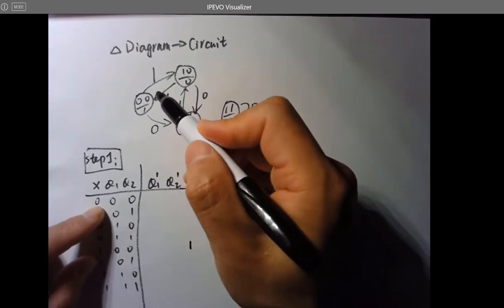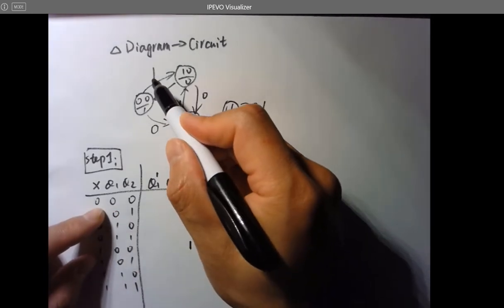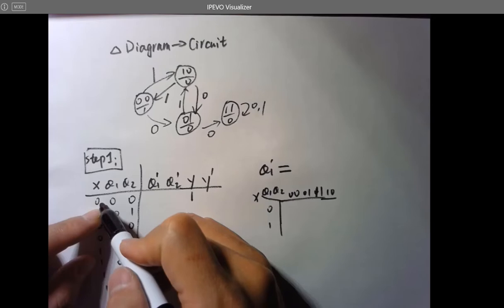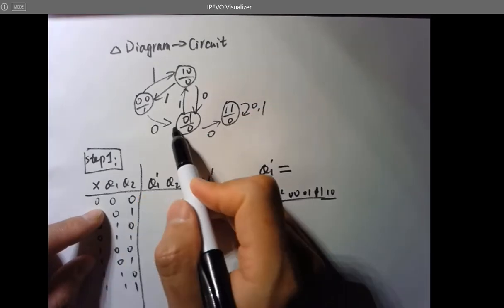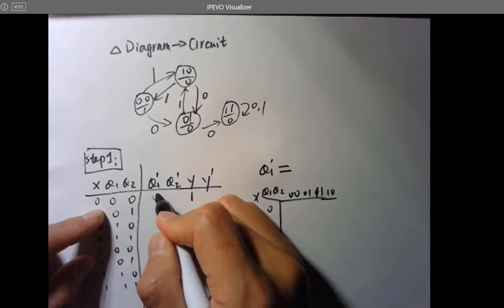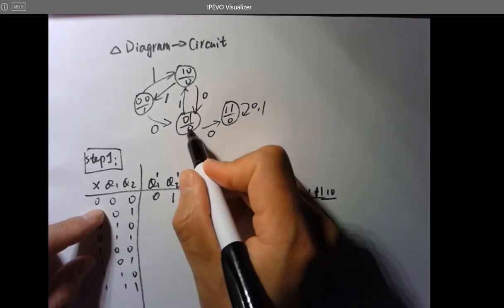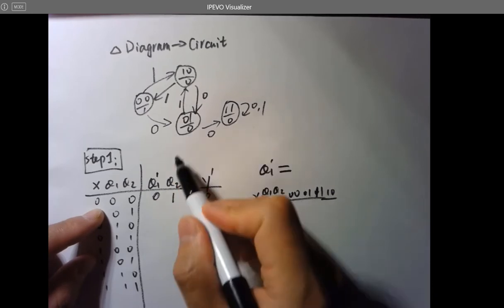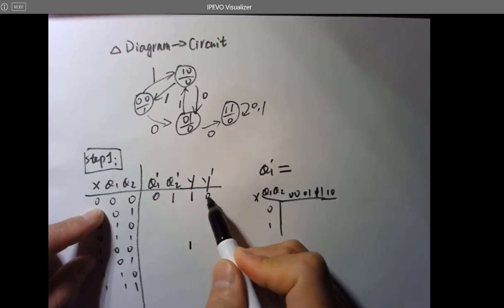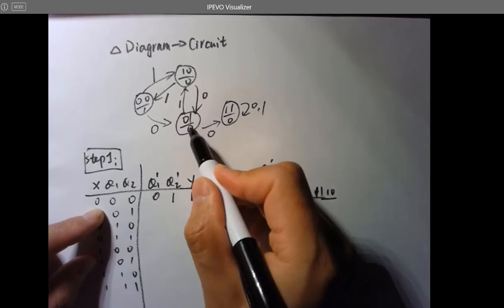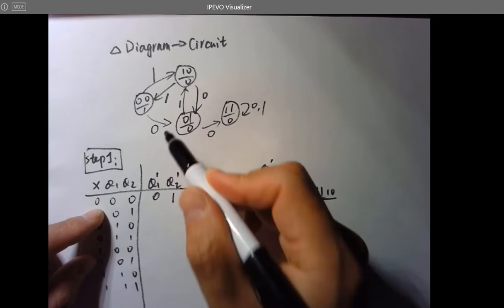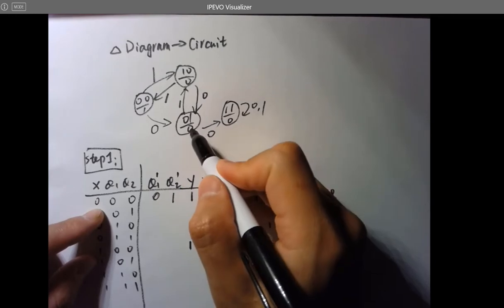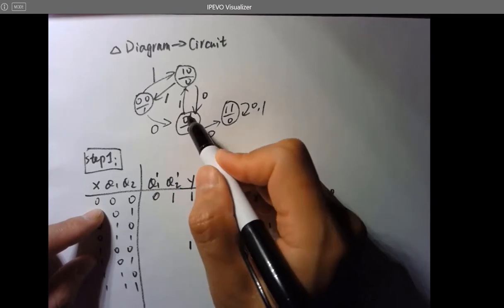And when X is 0, it jumps to the 0, 1 state, and the output becomes 0. That's Y prime. Because when Q1 and Q2 are 0, 1, the Y will be 0, because that's a Moore state machine. The output only depends on the states, right?